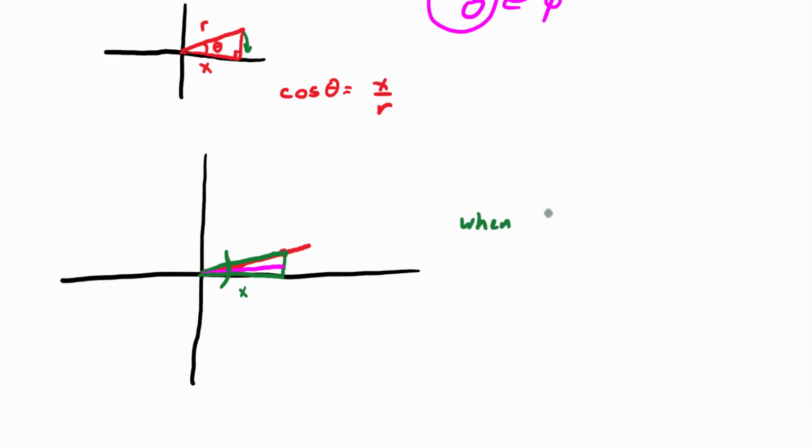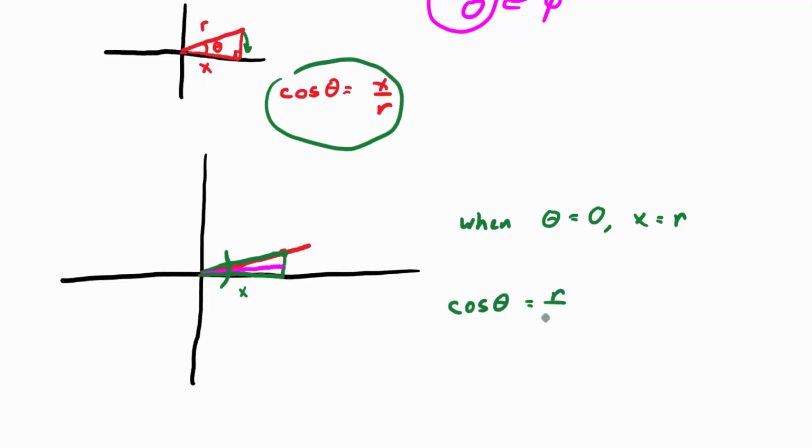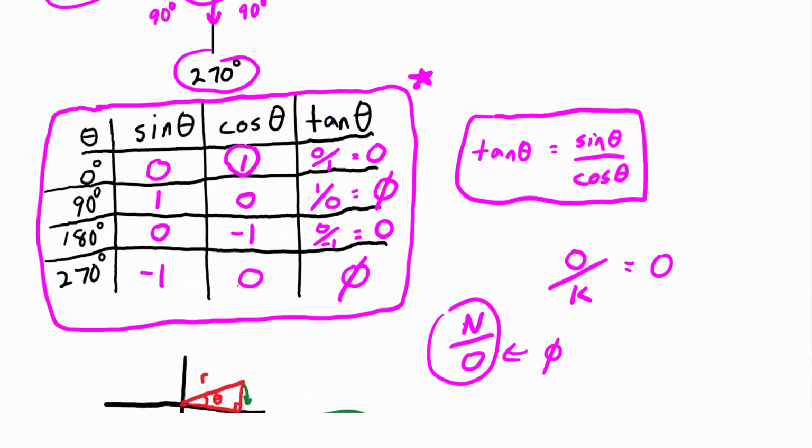When theta equals 0, x equals r. But doesn't that make the cosine of theta x over x, or r over r, which is 1? And in particular, theta is 0 in this case. So you could arrive at this chart by making those kinds of arguments.